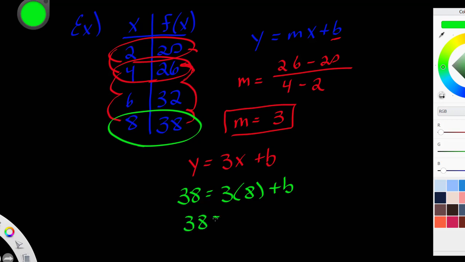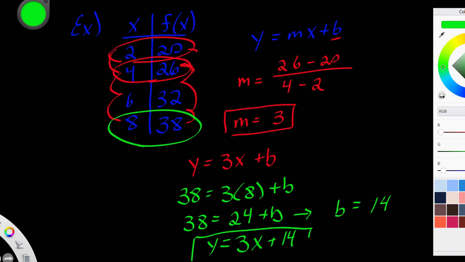So 38 equals 24 plus b, which means b is going to equal 14. So the equation for our line then is y equals 3x plus 14.